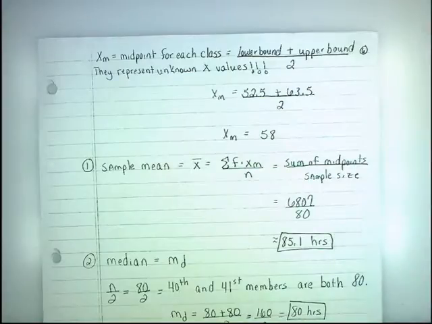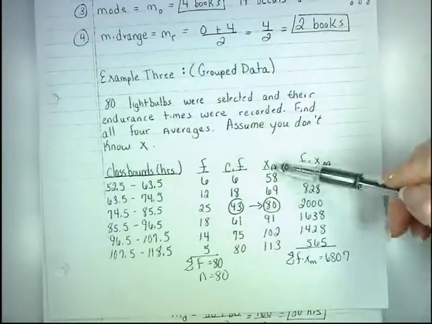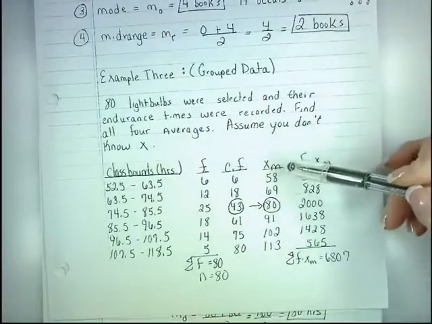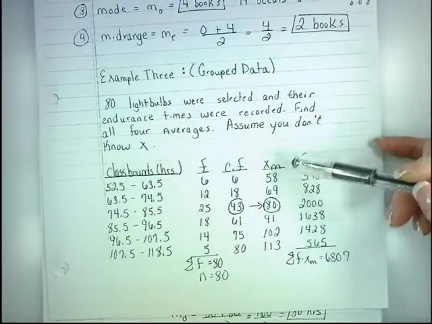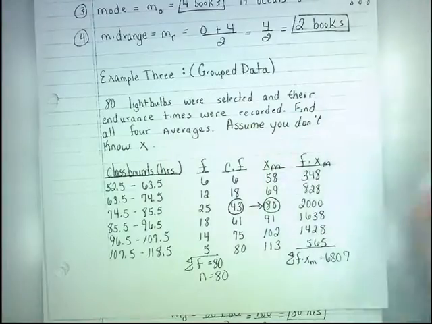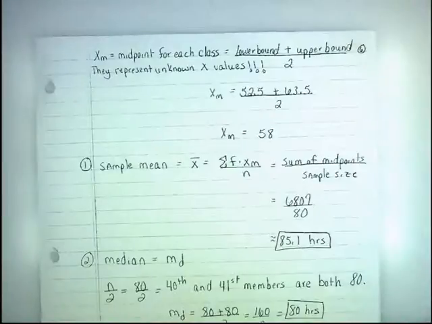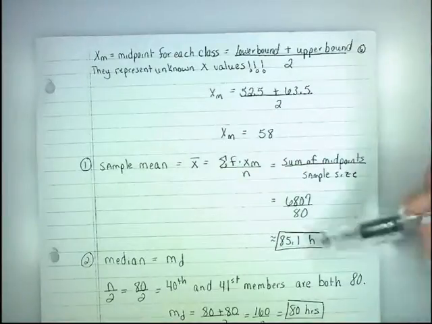Even though we do not know x, we know the midpoint. So the rounding rule says go to x or go to the midpoint, take a look at it, and if you have to round the mean, the median, the mode, the variance, standard deviation, go to 1 additional decimal place. So we will round to the nearest tenth in this case because my midpoints are whole numbers. And that is accurately 85.1.